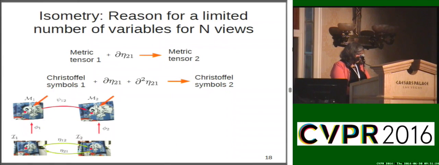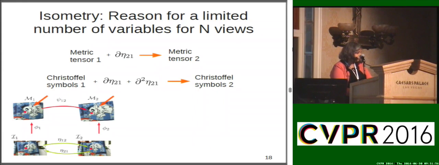Now, since we have two surfaces, we can write the metric tensor and Christoffel symbols on these surfaces, and this is the reason why we have a limited number of variables.